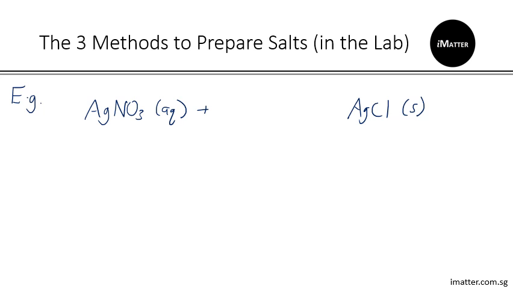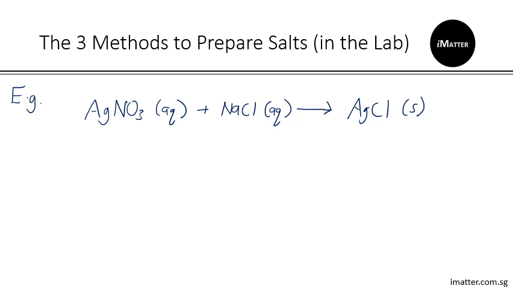And to provide the chloride, I'll be using your familiar sodium chloride, again definitely soluble in water. And here I have it. There is no acid involved. Instead, I have 2 soluble salts. That gives me an insoluble salt.